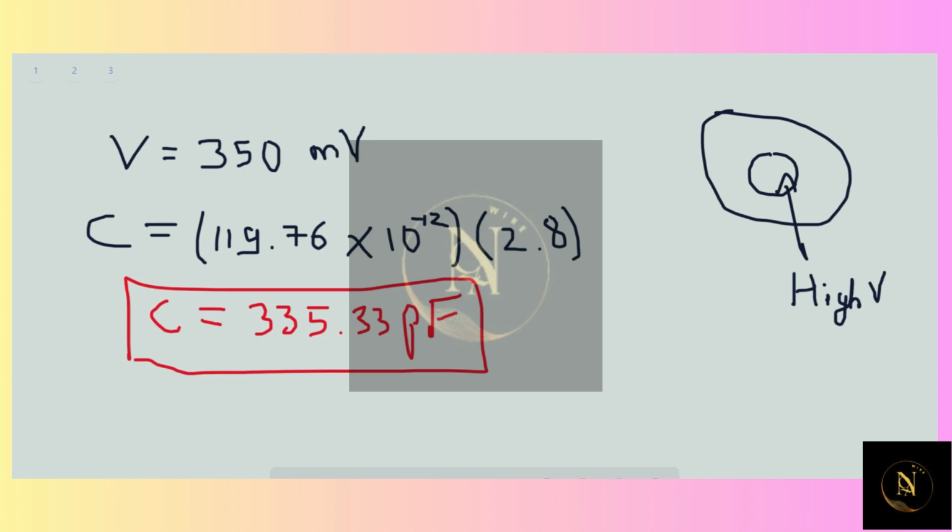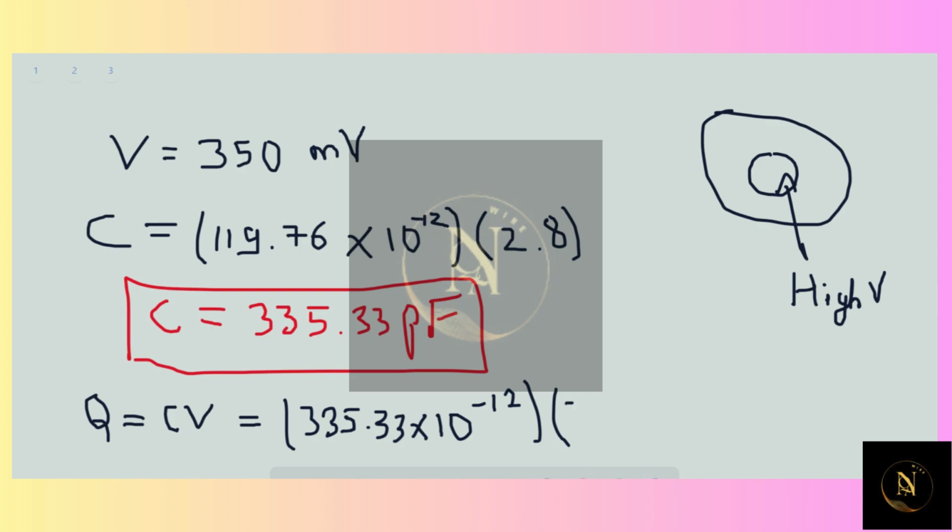Once you have found the capacitance, since for capacitors we know that the charge Q equals C times V, if you substitute the values, 335.33 times 10 raised to negative 12 times the voltage, which is 350 millivolts, so 10 raised to negative 3 volts, you'll find that the charge is going to be 117.36 picocoulomb.